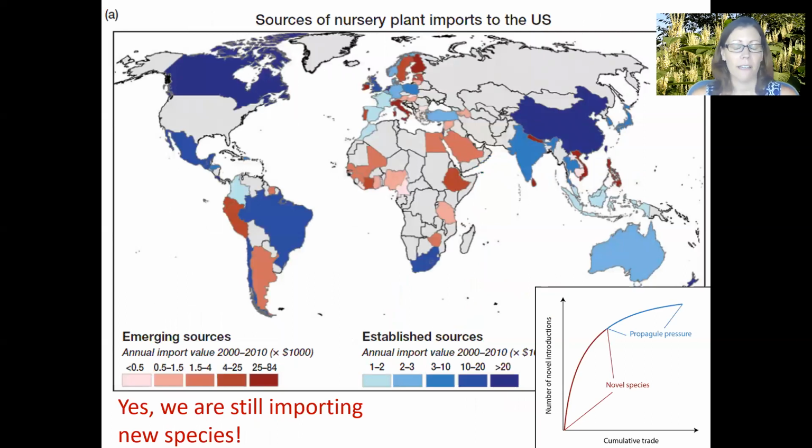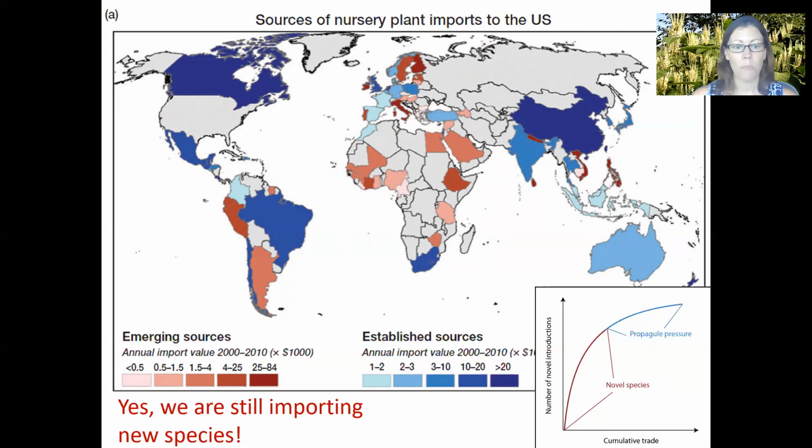So this is just a graph, sorry. This is a graph of the early 2000s and nursery plant trade specifically. So nursery plant trade is important in terms of the plants themselves, but also in terms of the plant pathogens and insects that like to hitchhike on those plant imports. So all of the red countries are ones that were developing these new and emerging nursery plant import partnerships with the US.